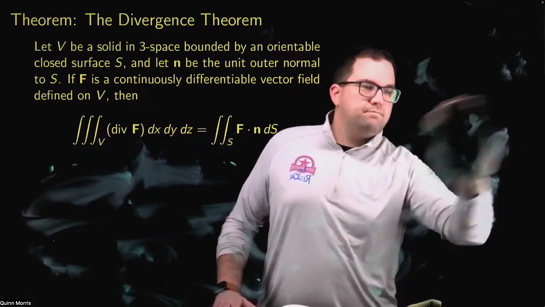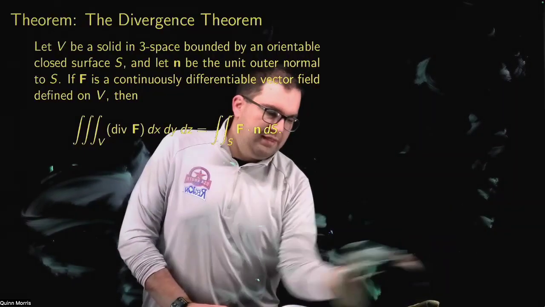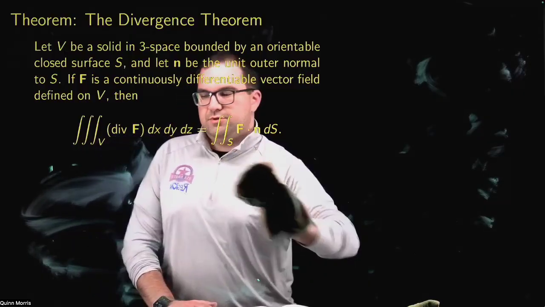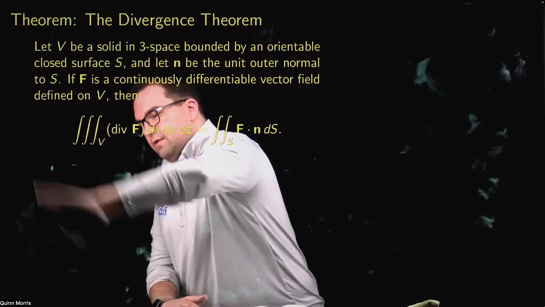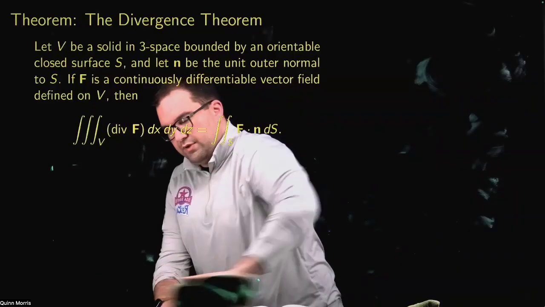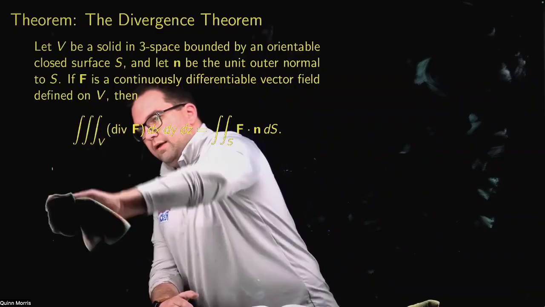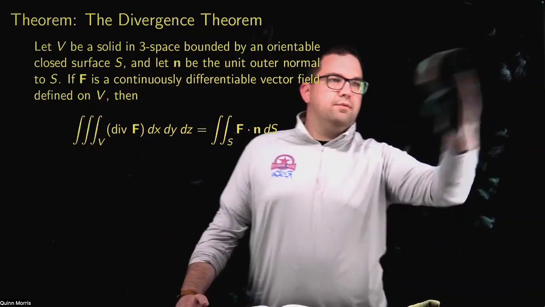There are elements of both Green's theorem and Stokes' theorem in here, but that's not surprising. We use Green's theorem to prove Stokes' theorem, and we've already seen that Green's theorem is just the 2-dimensional version in some ways of the divergence theorem.